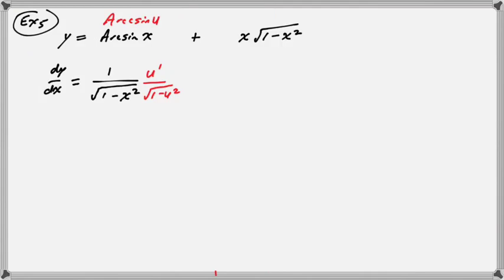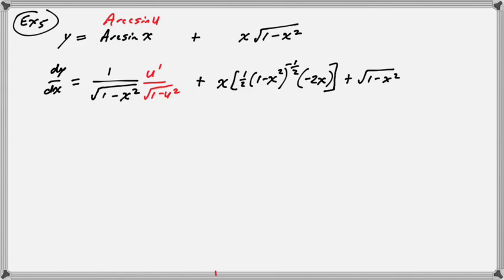Any questions on the derivative of arcsine of x? x prime would be 1, right? Or dx dx. Over here we have a product, so I need to do a product rule. Bring the x down, times the derivative of the arcsine, plus bring the radical down times what's the derivative of x?